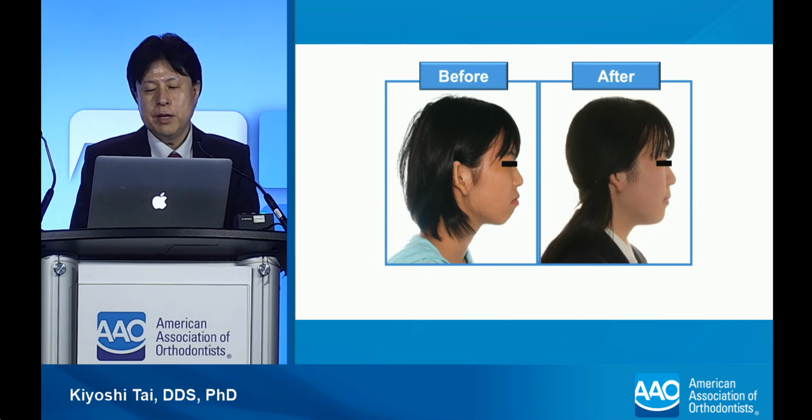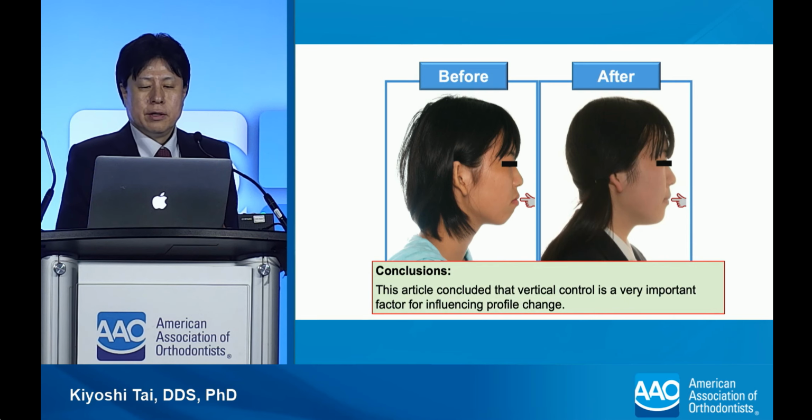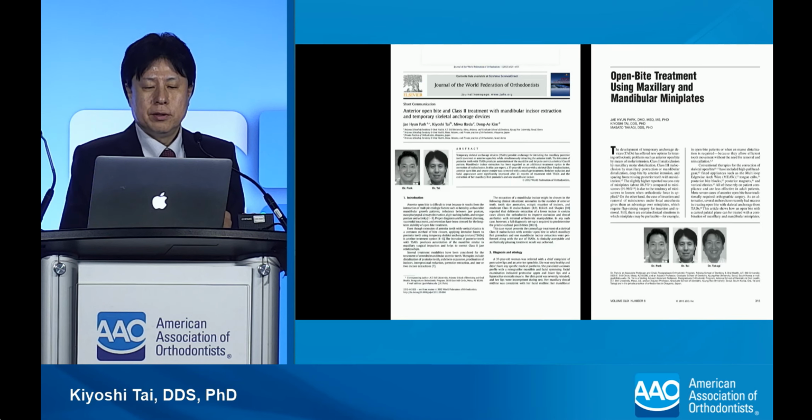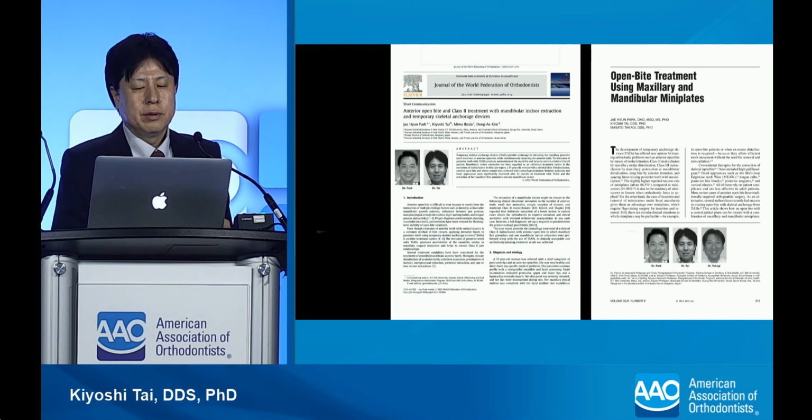Please look at the pre- and post-treatment lateral photos. This article concluded that vertical control is a very important factor for influencing profile change. Please look at these two high-angle case reports as well.